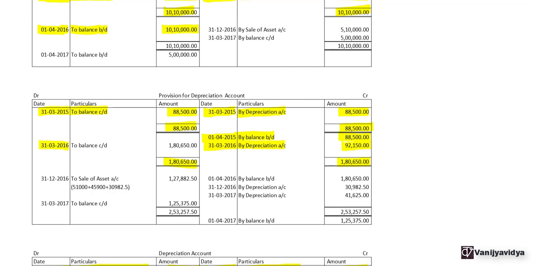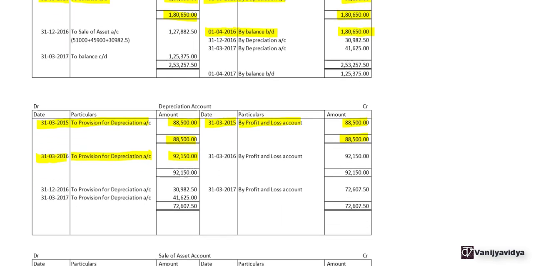Then on 31st March 2016 to balance carried down 1,80,650. Then on 1st April 2016 by balance brought down 1,80,650. Then the depreciation account, the total is 92,150. The same is transferred to the profit and loss account on 31st March 2016. So the entry is on the credit side, 31st March 2016, by profit and loss account 92,150.